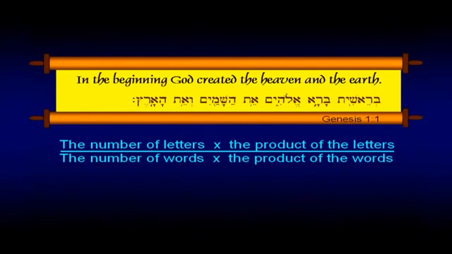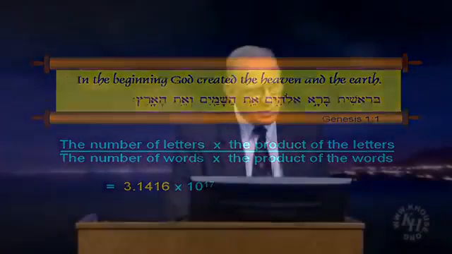Every letter and every word has a numerical value. If you go through and apply those and take that quotient, you come up with 3.1416, which happens to be the value of pi.